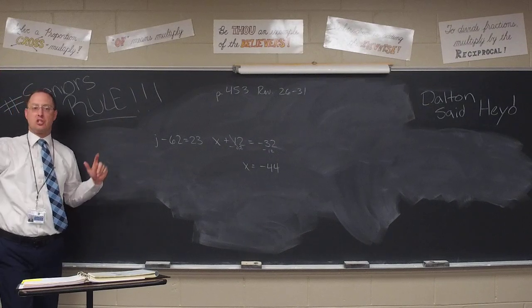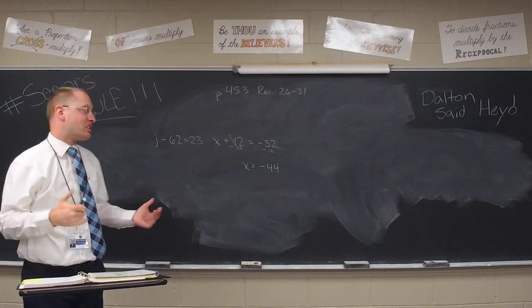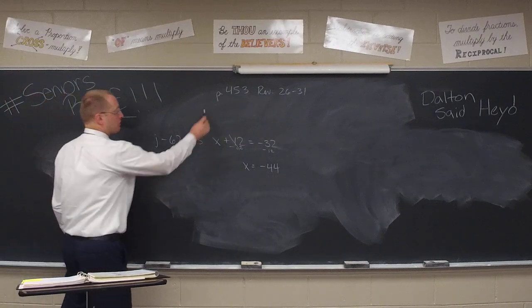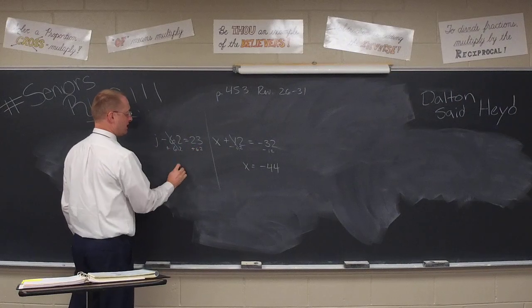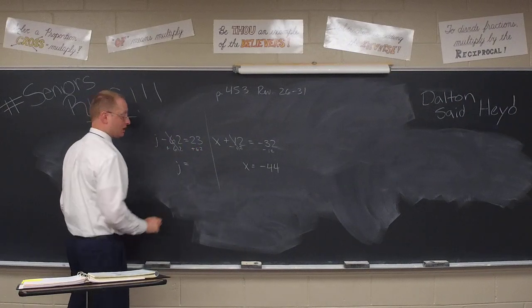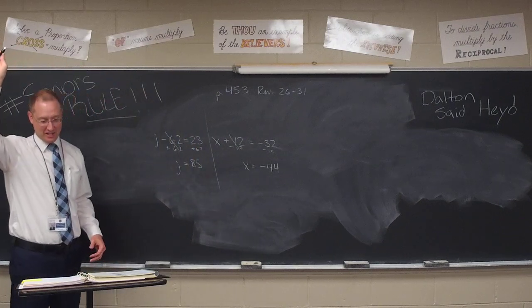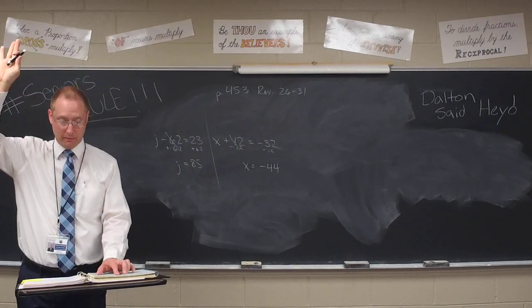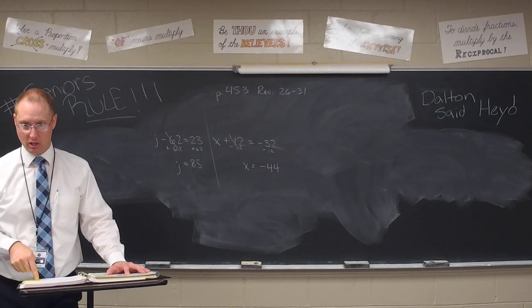Good, because we know that difference, class, the difference is the answer to a subtraction problem. So when we see difference, we know it means to subtract. From this point, then I assume, Jalen, you put a positive 62 on both sides to get J equals 85. How many had 85 as your answer for number 27? Any questions on 26, 27, how to make an equation?